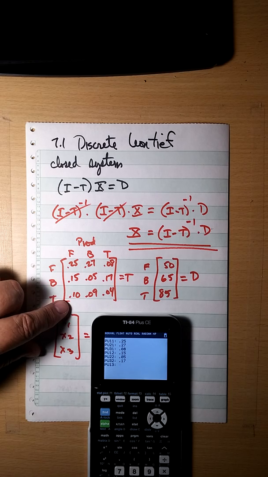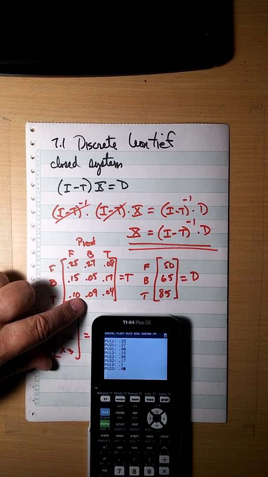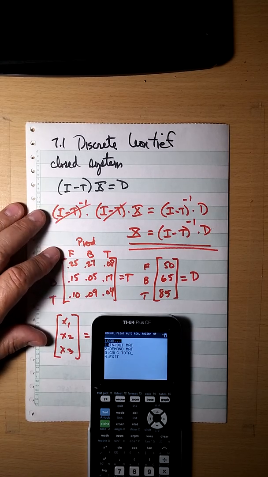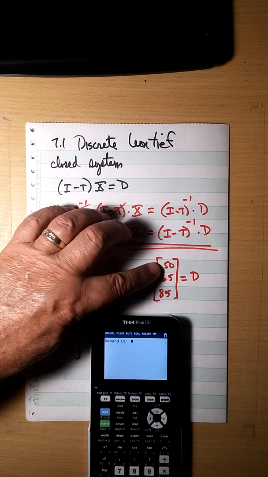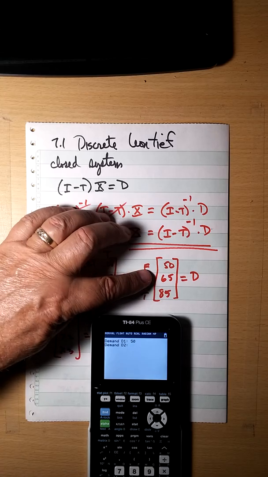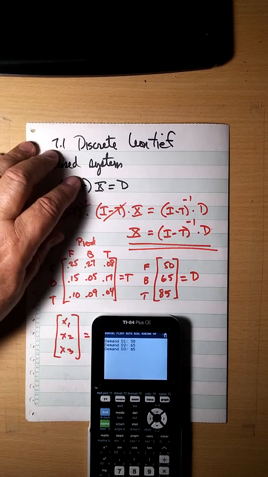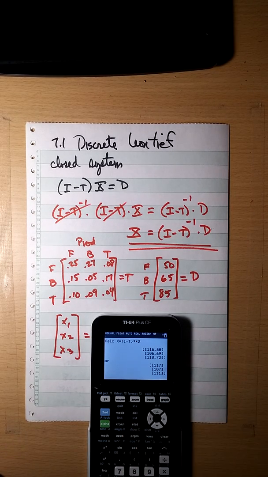Got the point in there that time. 0.1, you can say 0.10, it doesn't care though. 0.09 and 0.04. So there is the input-output matrix, the demand matrix. D1 is 50, D2 is 65, and D3 is 85. And now we can calculate this and get this stuff.